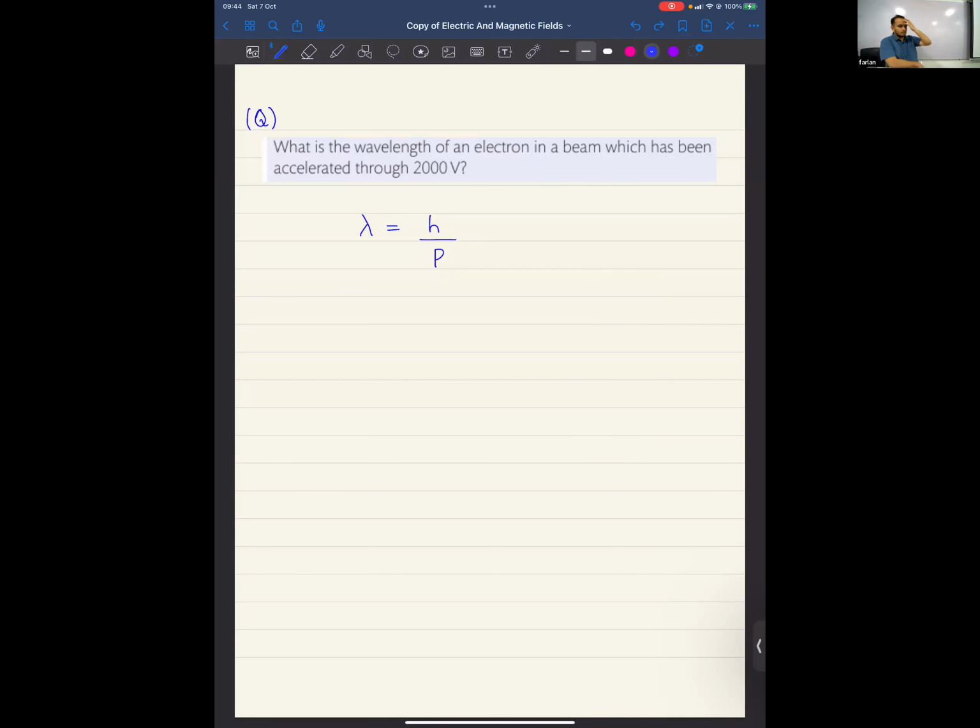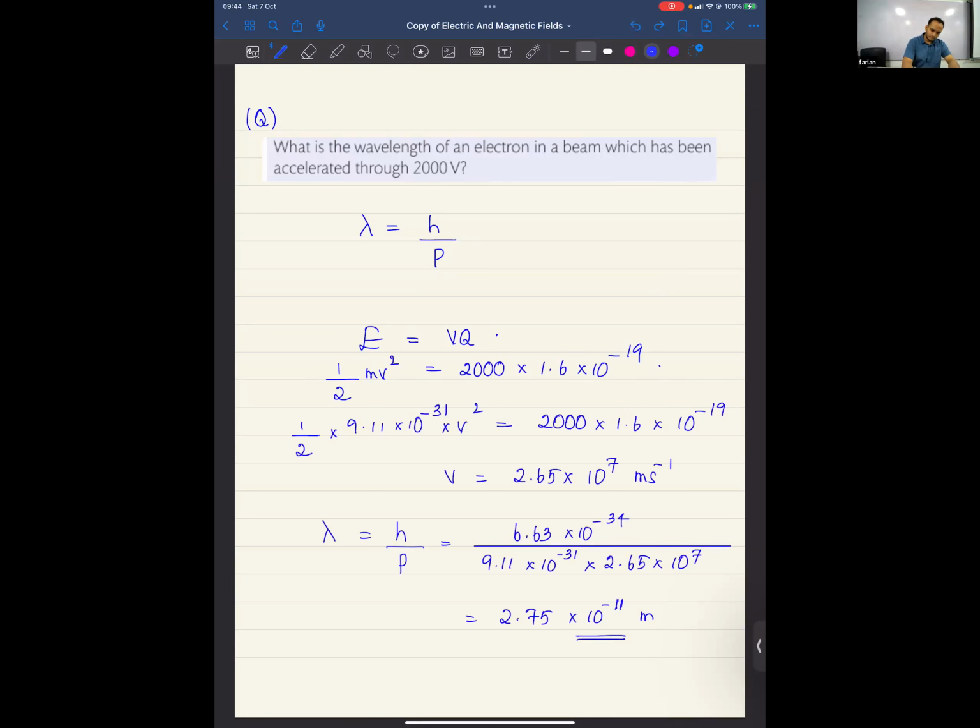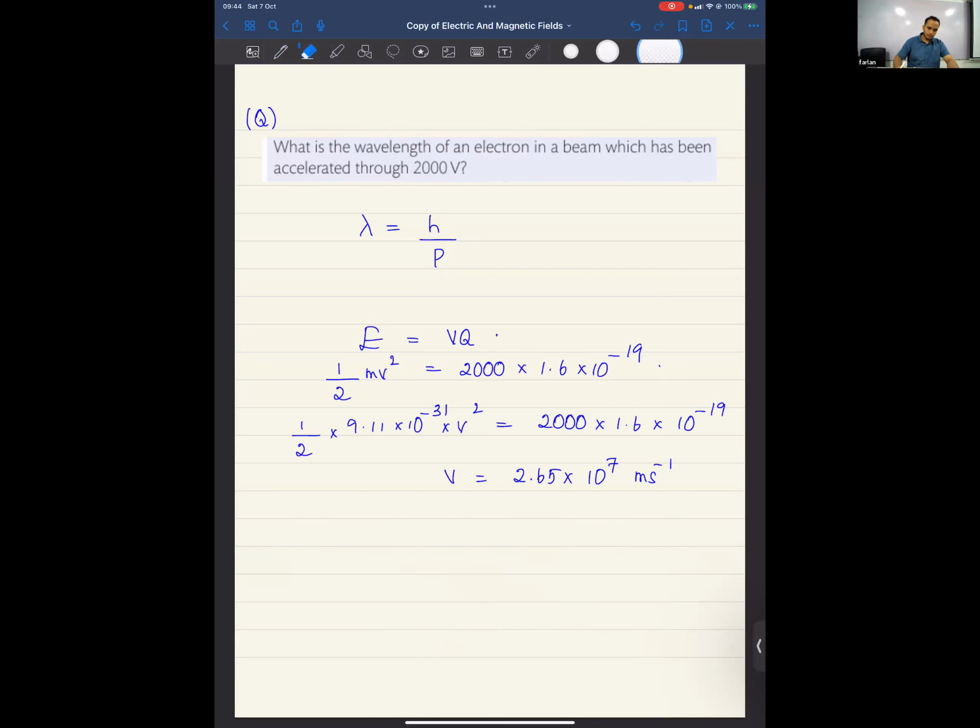So the question is, what is the wavelength of an electron in a beam which has been accelerated through 2000 volts? When it has been accelerated through 2000 volts, I can find the speed just like how we did in the previous part. E is equal to VQ, so that E is going to be half mv square. Then V is 2000, Q is 1.6 into 10 to the power minus 19.